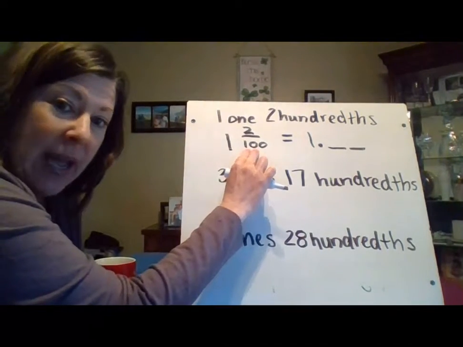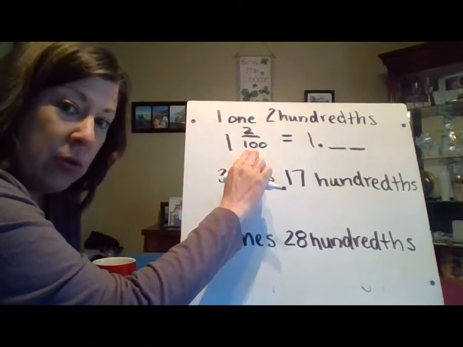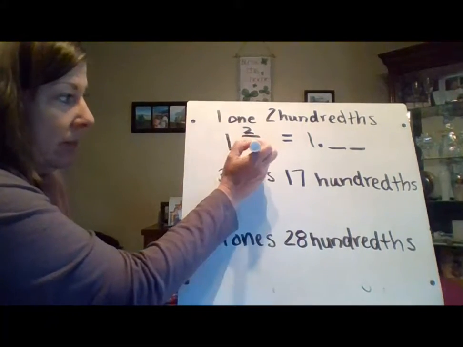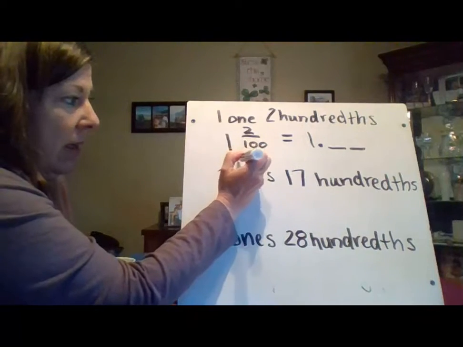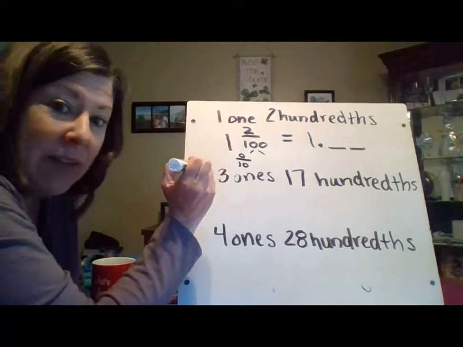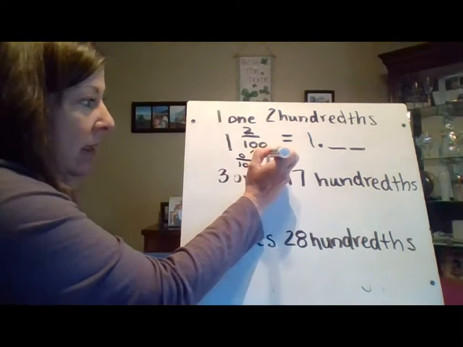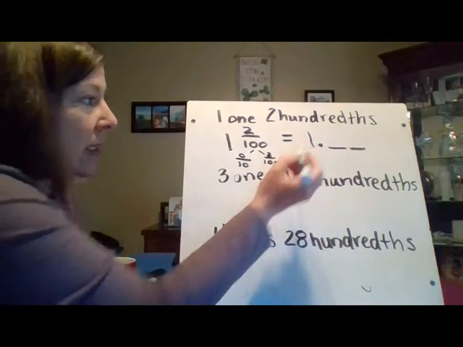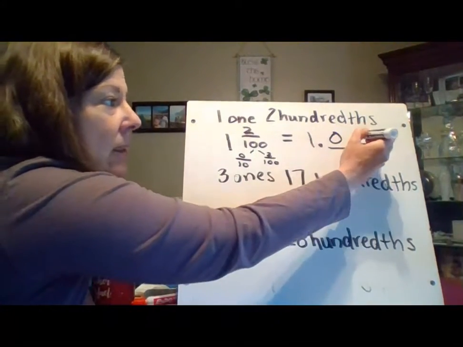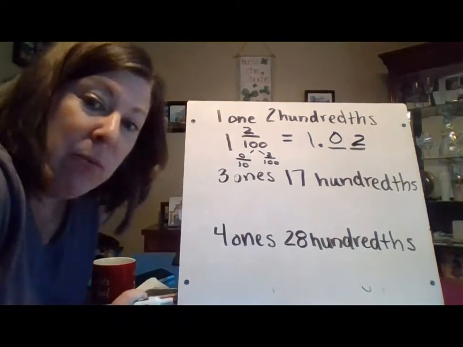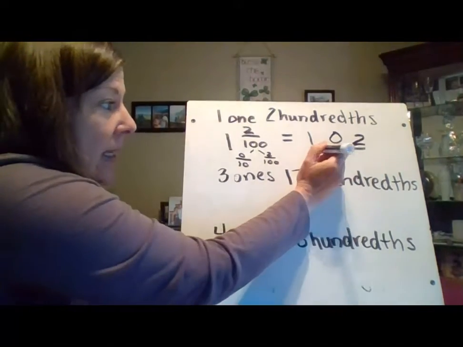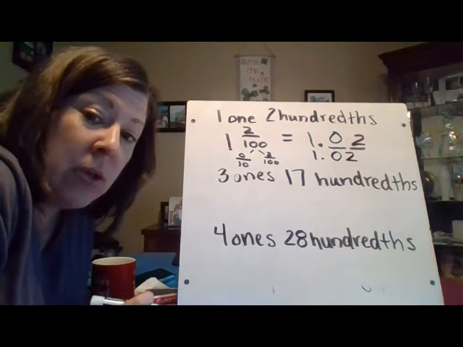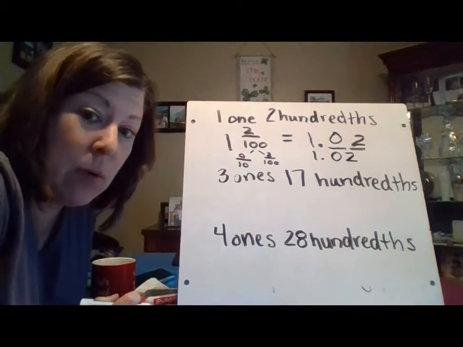When I look at this fraction, 2/100ths, remembering what we did yesterday, I have 0 tenths and 2 hundredths. So when I write my decimal, 1 and 2/100ths, it's 1.02.